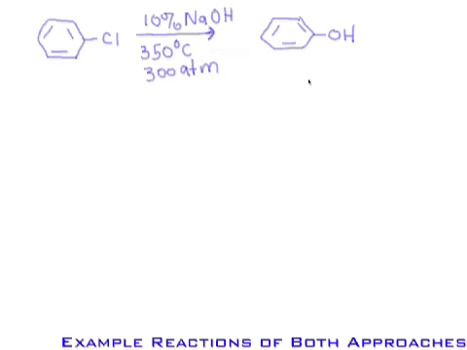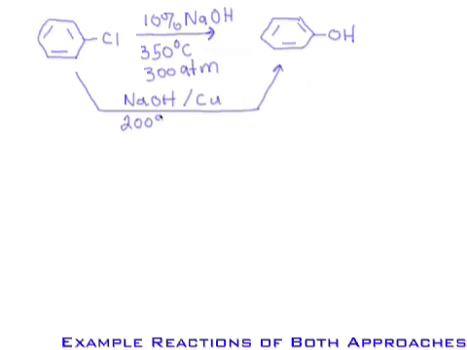Now this can also be initiated through a different mechanism using a catalyst. Now we're not going to look at the mechanism of the catalytic procedure, but if I use sodium hydroxide with copper, it would go by a completely different mechanism, but we can lower the harshness of the conditions.